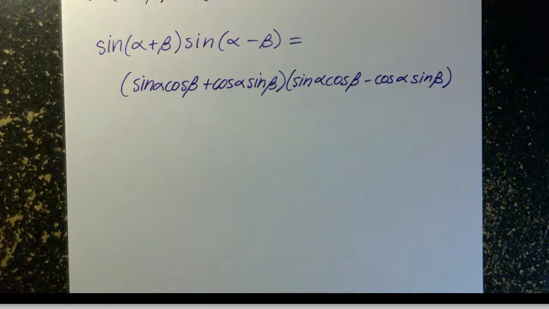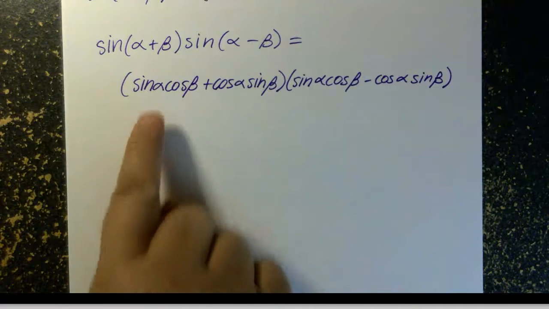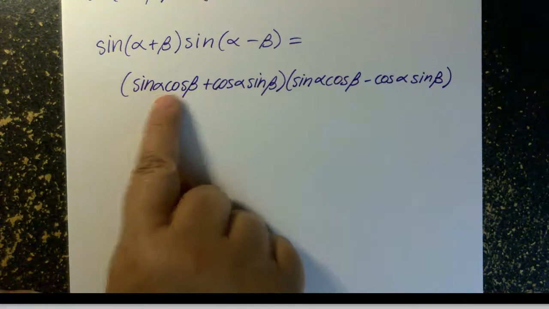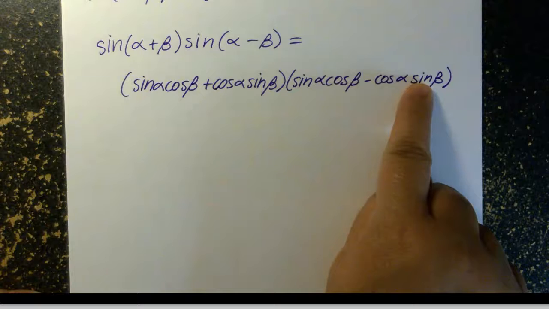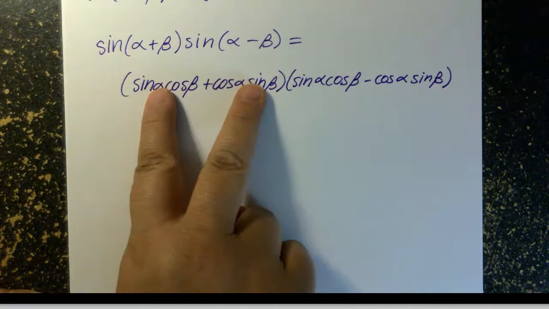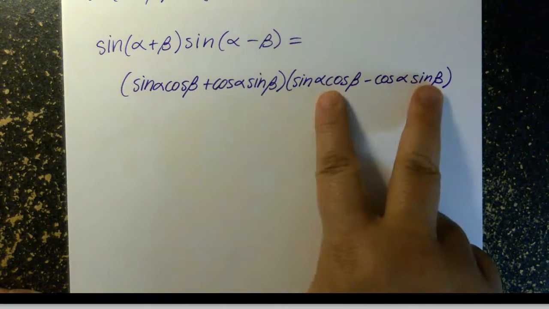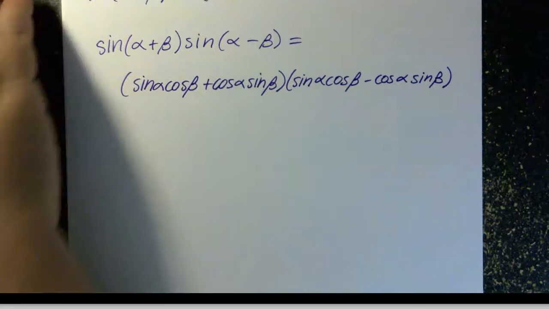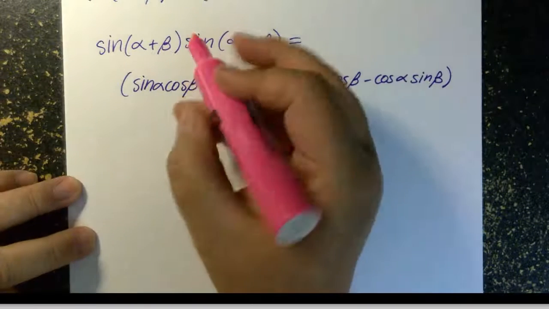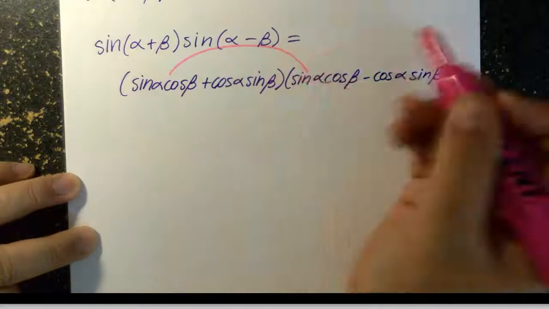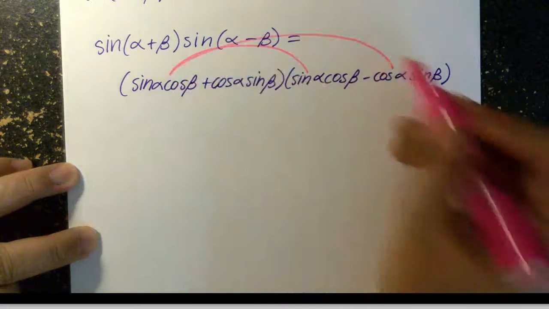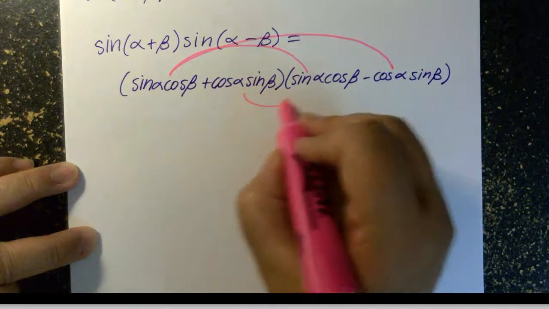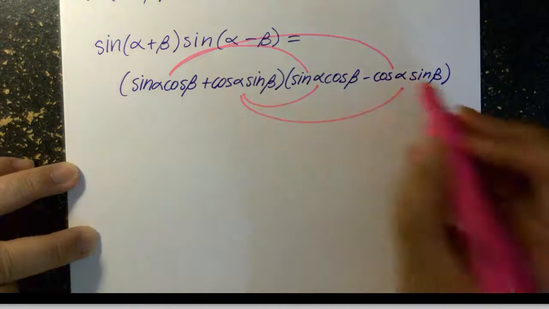Okay, so what we have here at its root is something like x plus y times x minus y. I have a binomial, 2 terms, times another binomial, 2 terms, which means we're going to distribute or use FOIL, basically. So these get multiplied, these get multiplied, these get multiplied, these get multiplied.